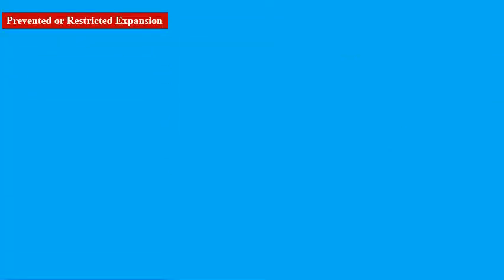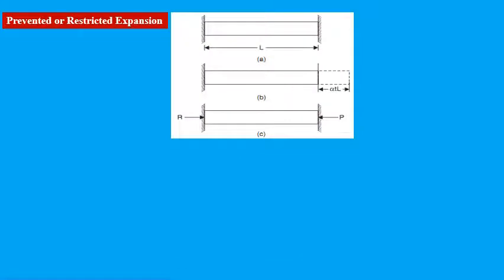In the second case, that is prevented or restricted expansion, in figure A we can see both the ends are fixed. There is no space provided for the free expansion of the material. So obviously the resistance force will develop when the temperature is applied. There is a resistance force against the expansion of the material in the opposite direction like this.